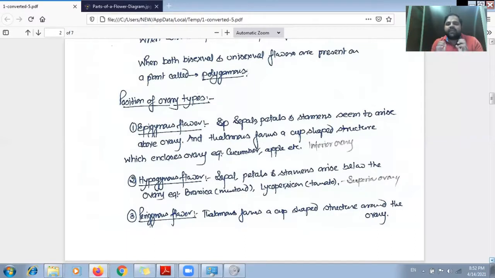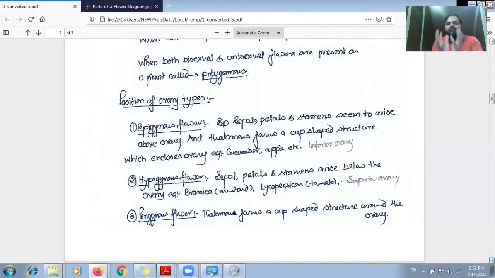And what will happen here, as I told before, is that all the whorls of the flower will be arranged on the swollen part of the stalk, which is called as thalamus. So the sepal, petal, stamen, as well as the ovary will be placed on the thalamus. So what will happen here?